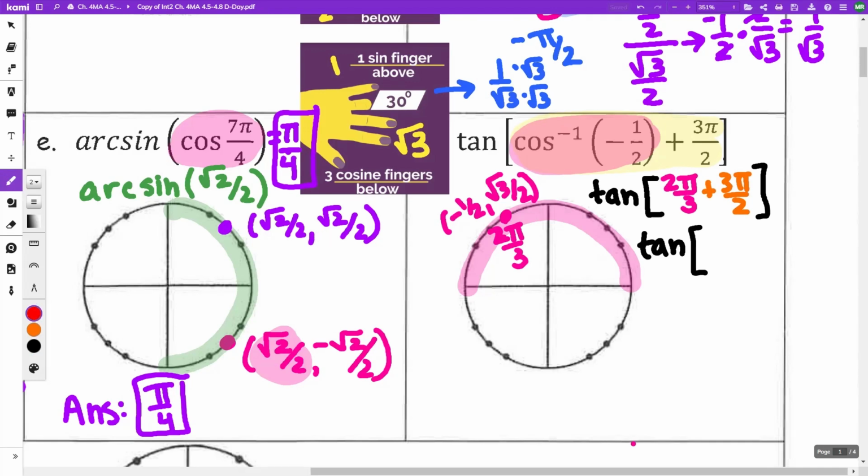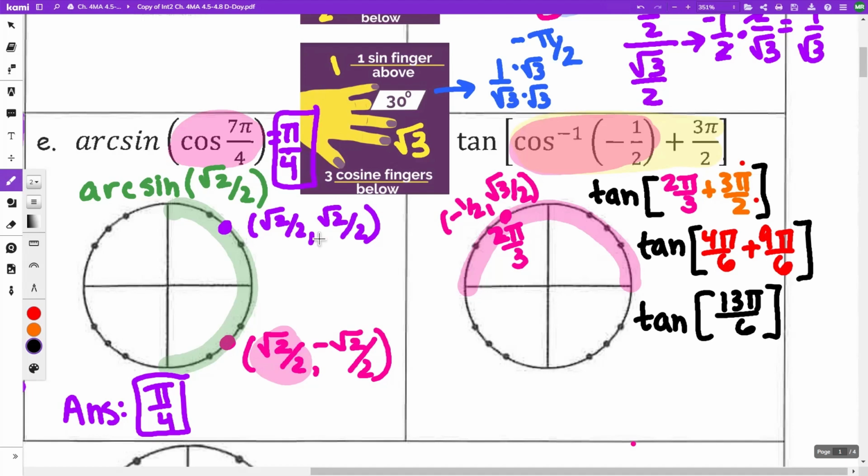When I do that, I'm going to get 4 pi over 6. I'm going to multiply this one by 3 and by 3, so I'm going to get plus 9 pi over 6. And then let's clean this up. So this is going to be tangent of 13 pi over 6.